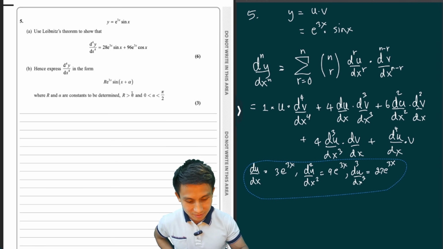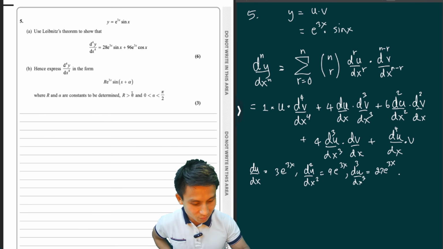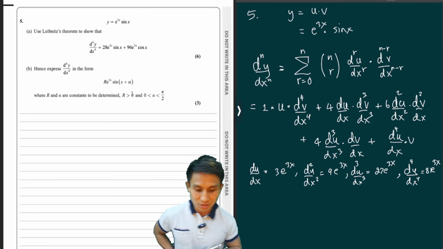And then it's the same pattern, it's not hard for this. d to the 4u by dx to the 4 would be 81e to the 3x, yeah? That's just for the u.